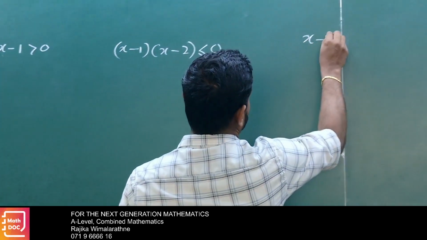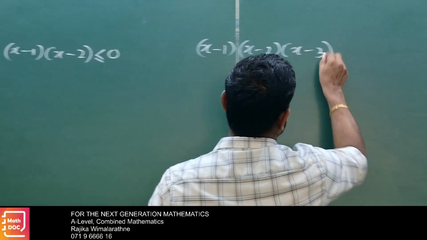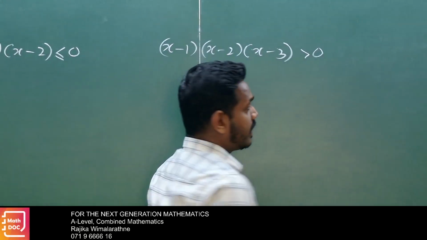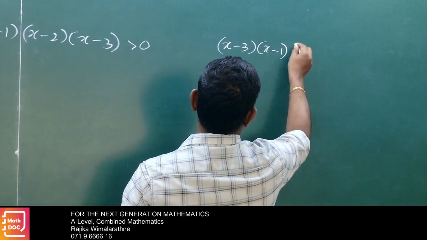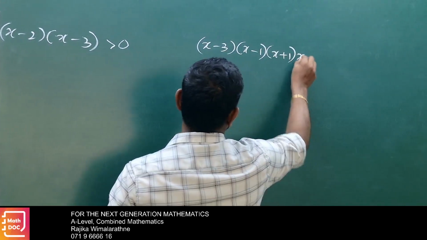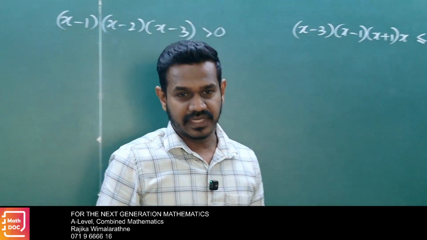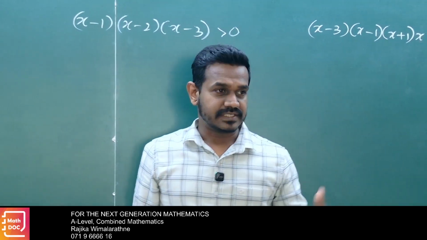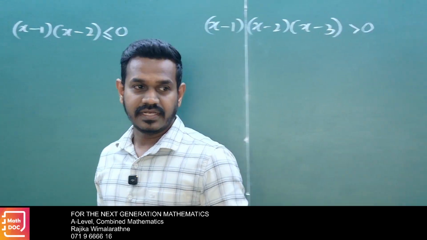Here consider (x minus 1)(x minus 2)(x minus 3) greater than 0. Here (x minus 3)(x minus 1)(x plus 1) times x less than or equal to 0. All are polynomial type inequalities. So this method we can apply for both rational and polynomial types.